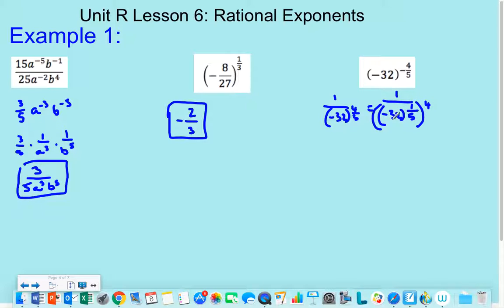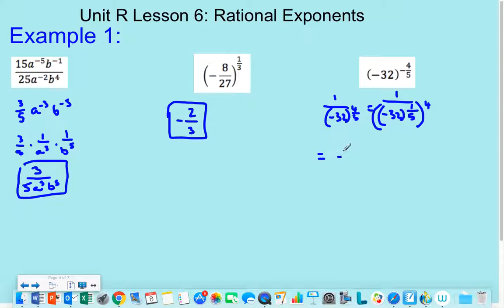Okay, so first step, negative 32 to the 1/5. We have an odd denominator in our exponent, so that means it's okay that this is negative. We'll say, well, the fifth root, what times itself 5 times would give me negative 32? Can't be too many options. It's actually going to be negative 2.